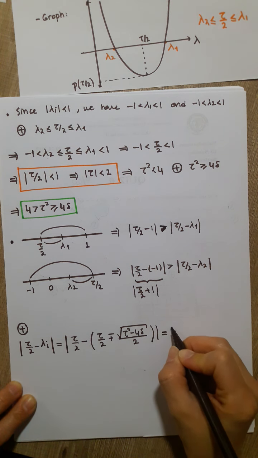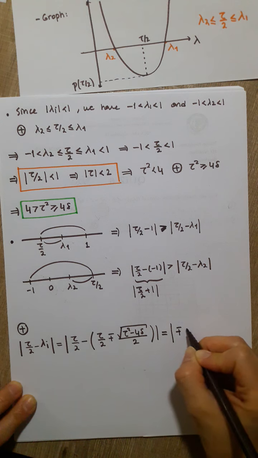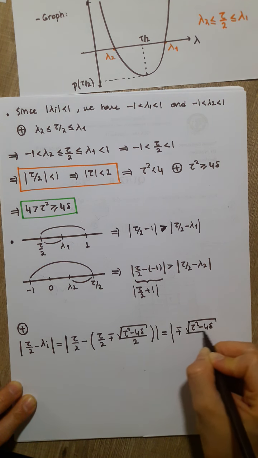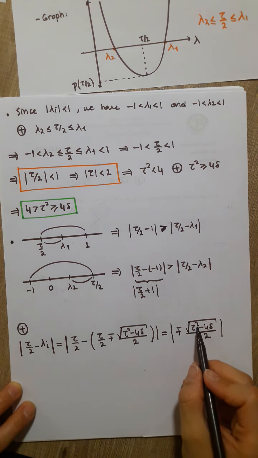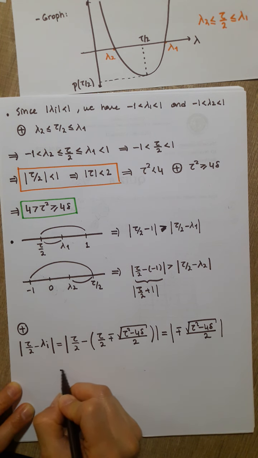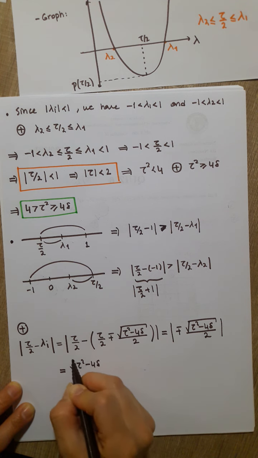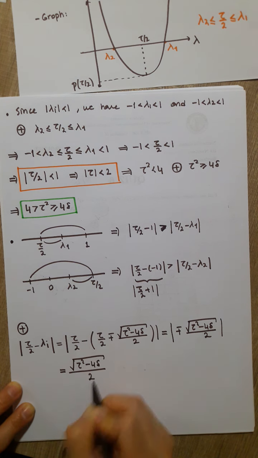So I have minus plus square root of tau squared minus 4 delta over 2 in absolute value. This is positive, so the result is square root of tau squared minus 4 delta over 2.